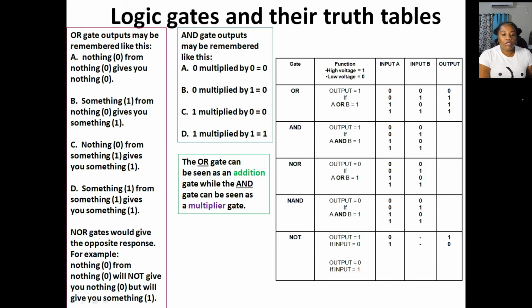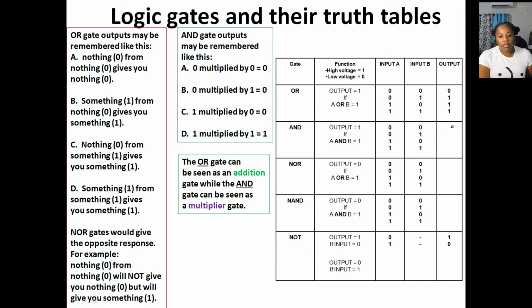So here are the truth tables. For the OR gate, 0, 0 gives you 0. Everything else gives you 1. And remember, something from something will give you something. Something from nothing will give you something. So this is the OR gate here, right? There must be something. And the AND is like a multiplier.